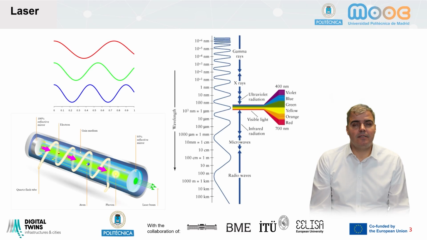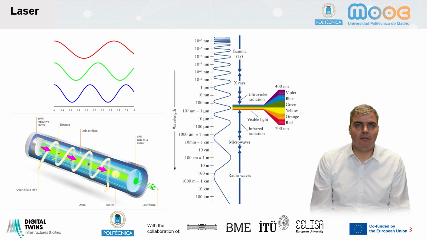So laser is a light. Laser is very focused, high energy light. Usually the lasers used in mapping technologies in laser scanners work either in the visible range or in the near infrared range. The visible range is from 380 to 750 nanometers.